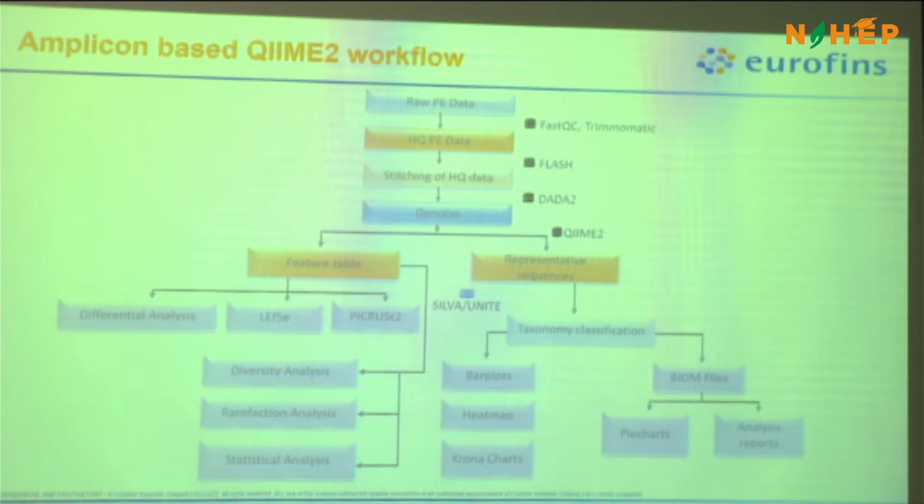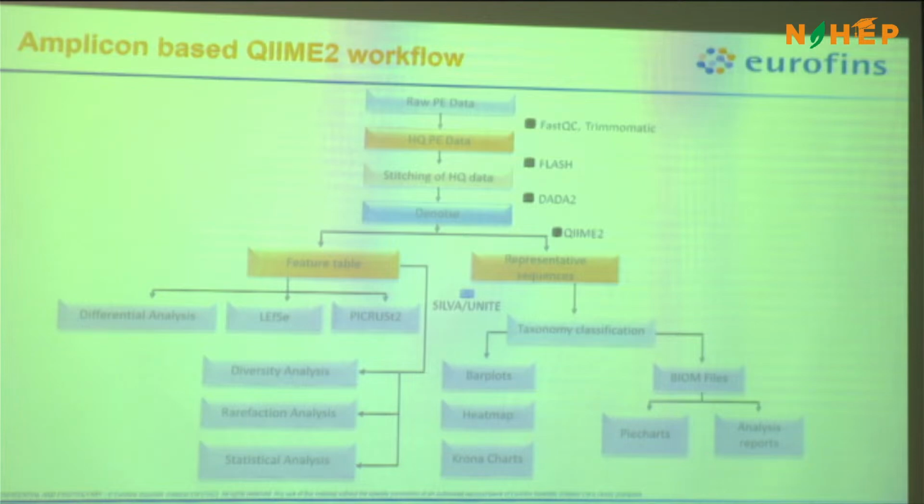There is a QIIME2 pipeline which is used for amplicon-based analysis, where we only change the database based on which amplicon it is. If it is 16S, we use Greengenes or SILVA. If it is ITS, we use the UNITE database.